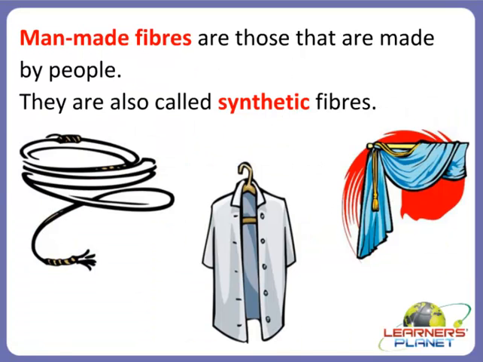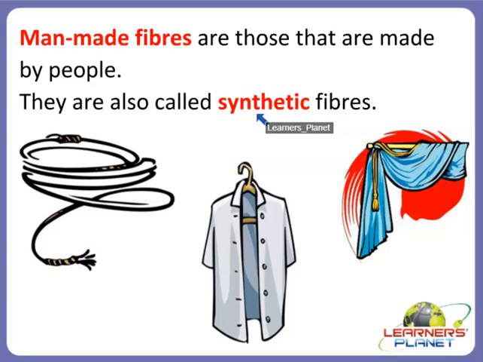Now children, the second type of fiber is man-made fibers. So what are man-made fibers? Man-made fibers are those fibers that are made by people. That is, by us, by humans.